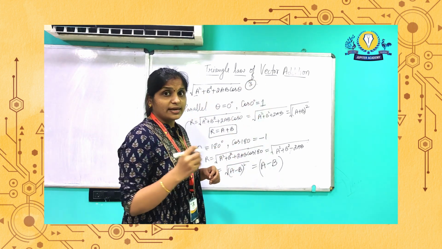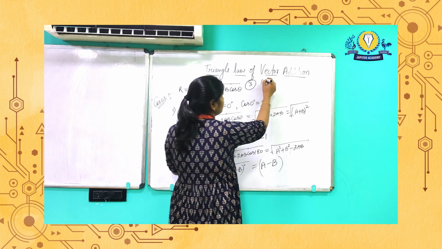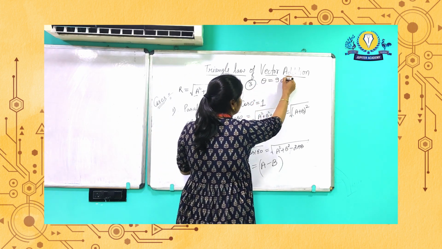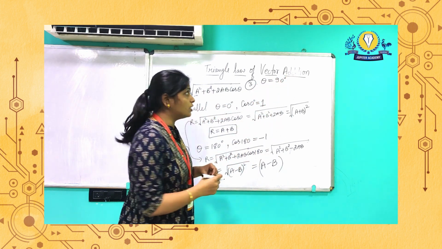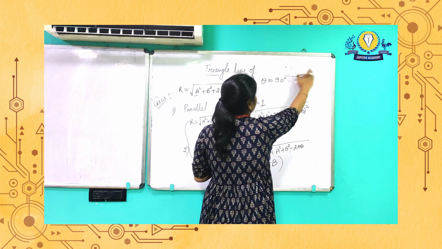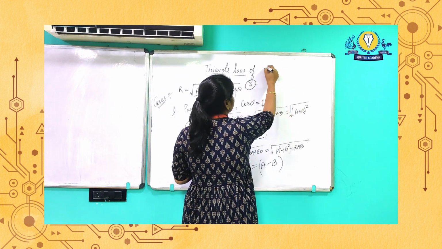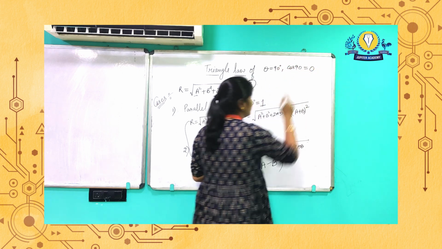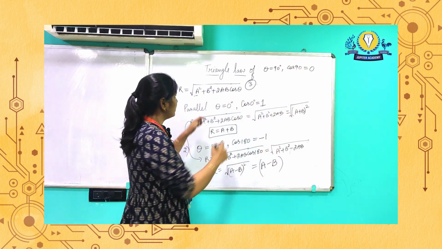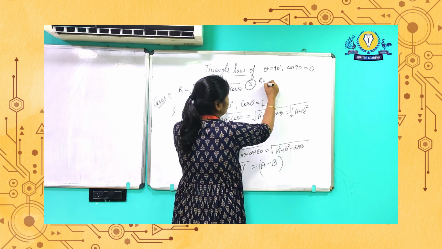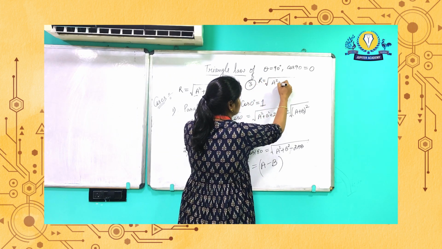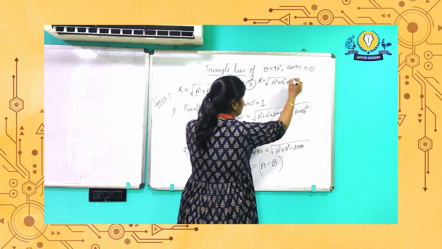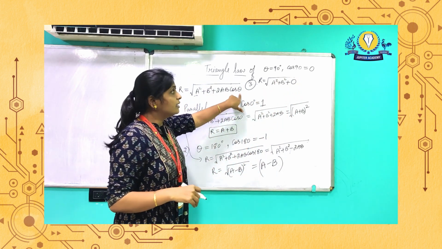Okay, now see the third case, when two vectors are acting perpendicularly, meaning theta is 90 degrees. And what is cos 90 degree? You know this very well. Cos 90 degree is 0. Replace: r equals root of a square plus b square plus 0. Cos 90 is 0.